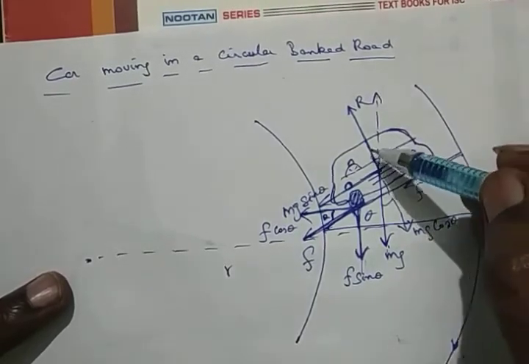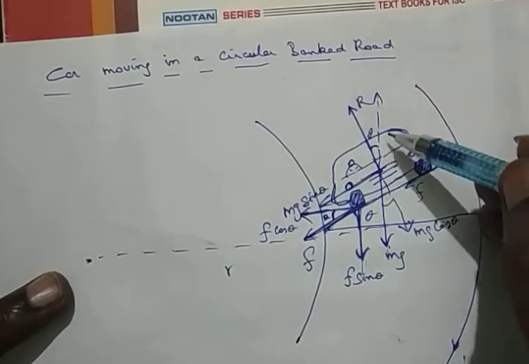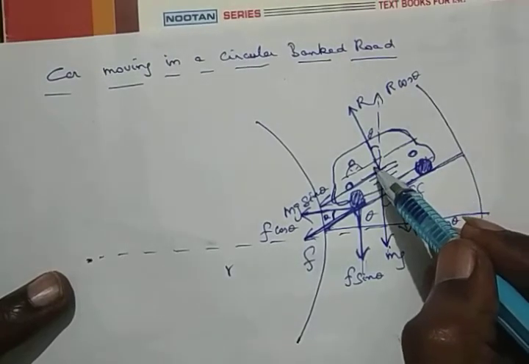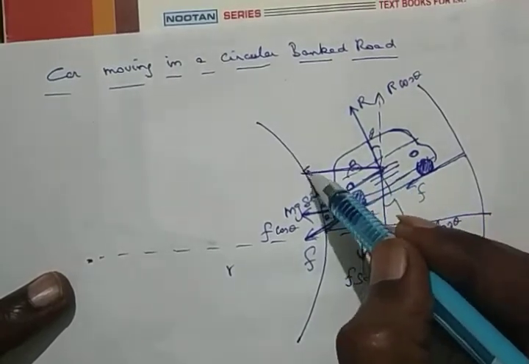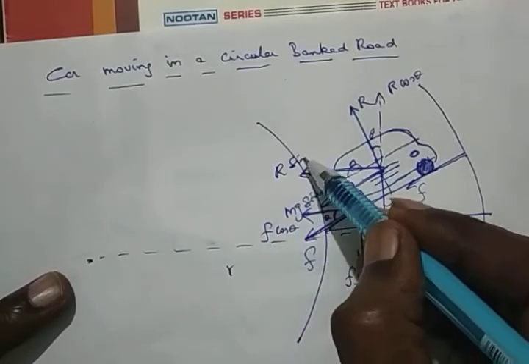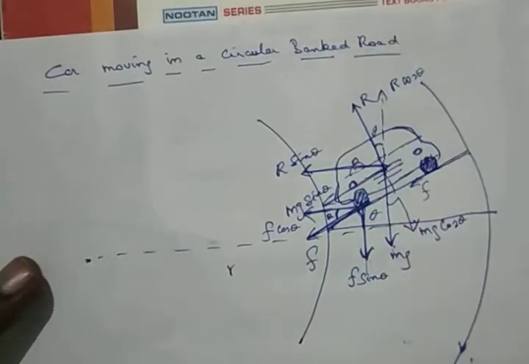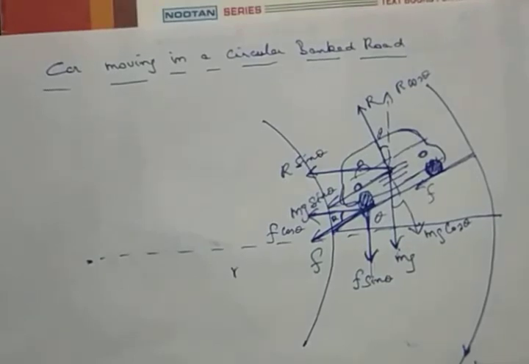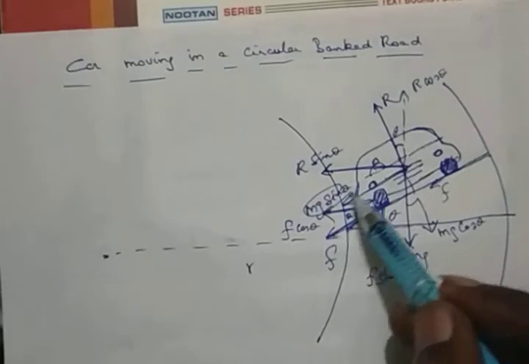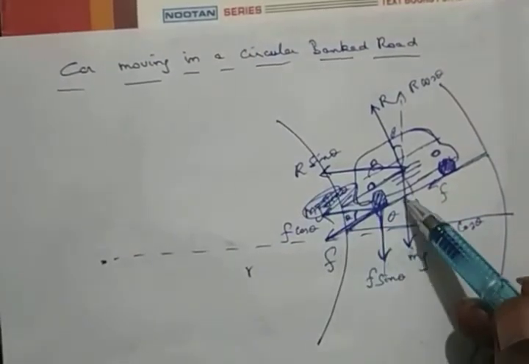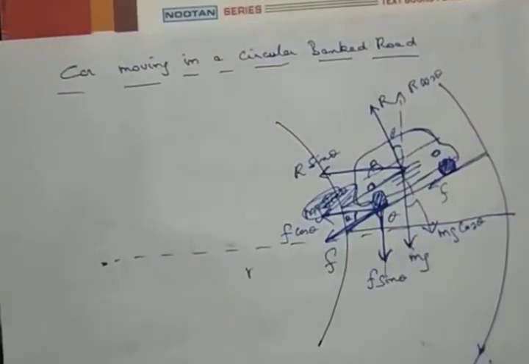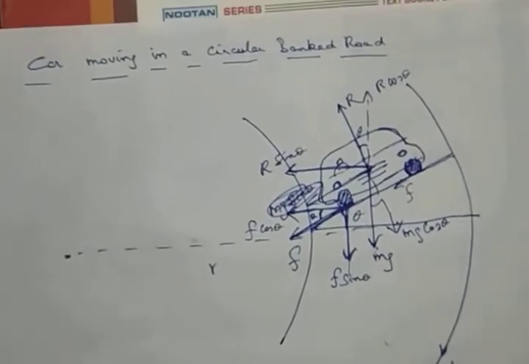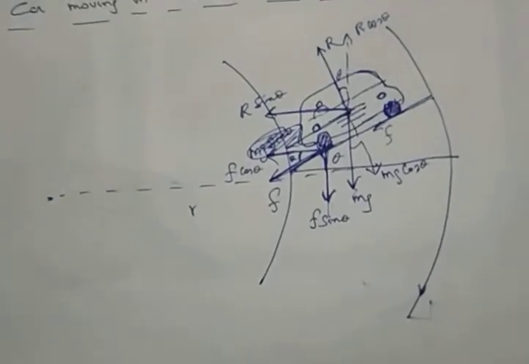If this is theta here, this will become equal to R cos theta, and this is going to be equal to R sin theta. So R cos theta and R sin theta. I think this mg sin theta is not this way. It's going to be acting along this direction, so you need not really take that one. Okay, so we have quite a lot of stuff here.